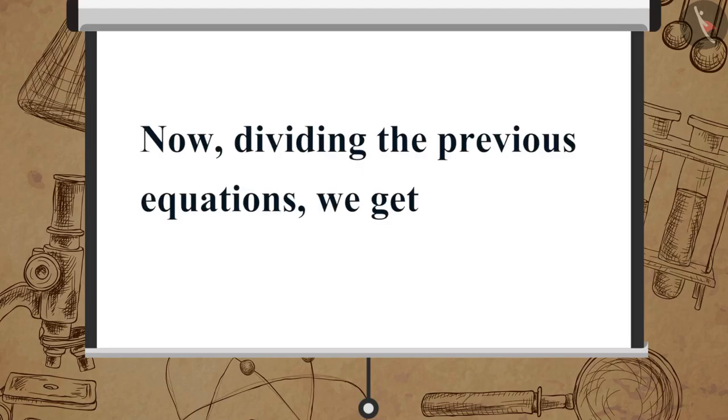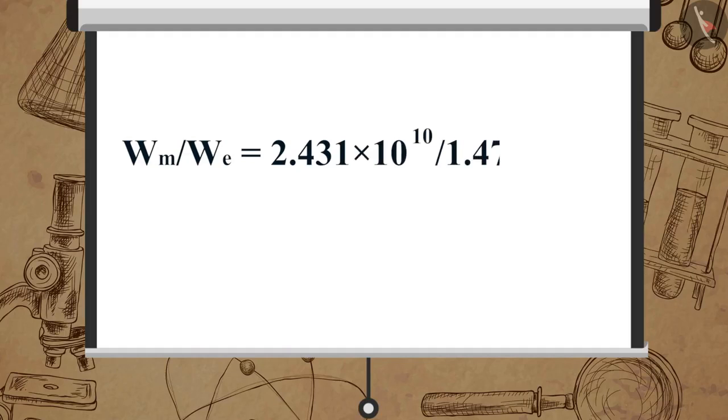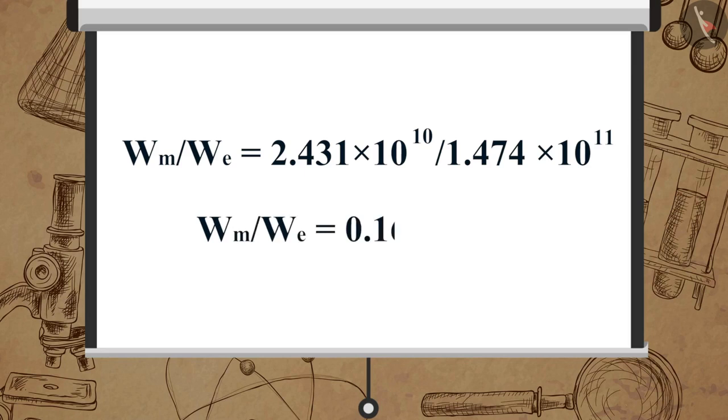Now, dividing the previous equations, we get Wm upon We is equal to 2.431 multiplied by 10 raised to 10 upon 1.474 multiplied by 10 raised to 11, or Wm upon We is equal to 0.165, which is almost equal to 1 upon 6.